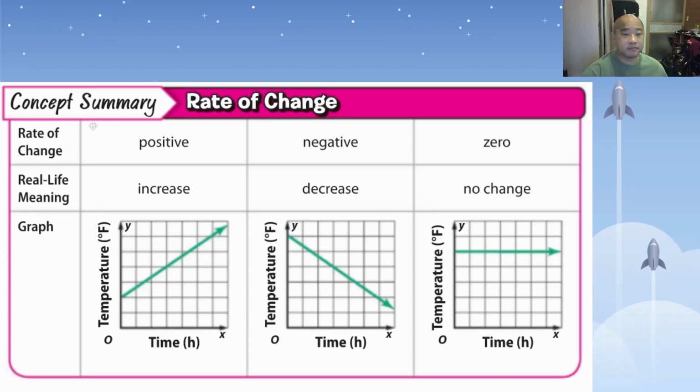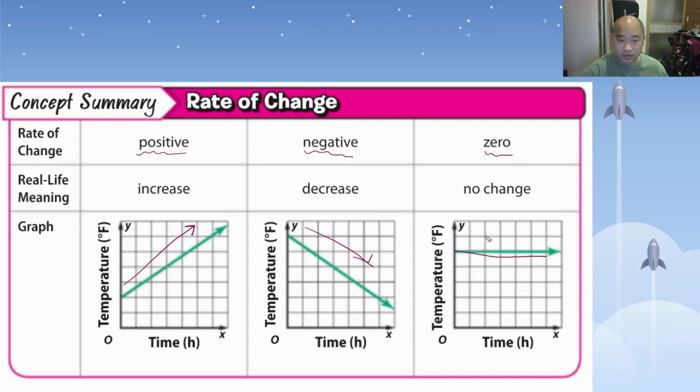Here are some words that you should know. If the rate of change is said to be positive, that means that the graph is moving up when you're reading it from left to right. When it's negative, that means it's going to be moving down from left to right. And there's no change when it's flat.